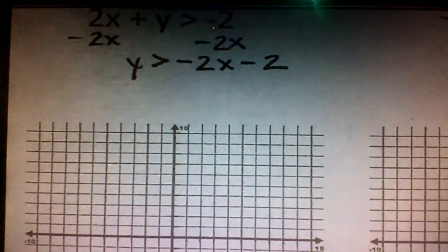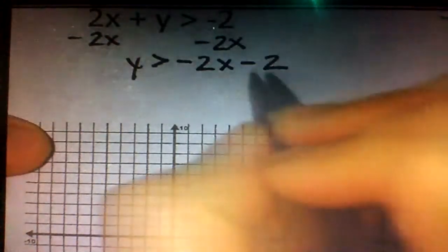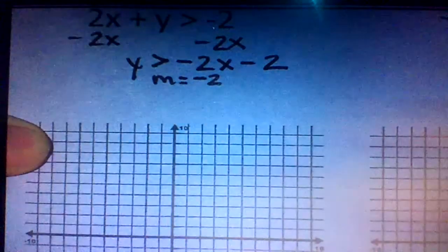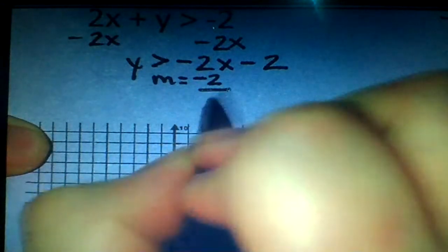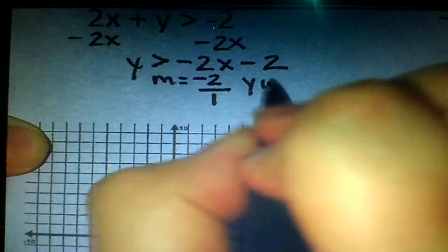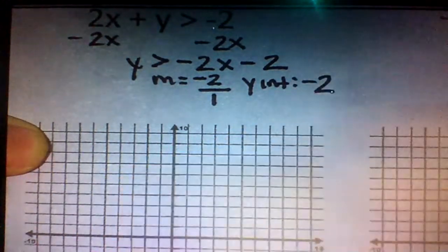Is y by itself now? Yes. I need to go no farther. I just need my slope and my y-intercept. So what's my slope? Negative 2. Make sure you turn it into a fraction so it's over 1. And my y-intercept is negative 2.